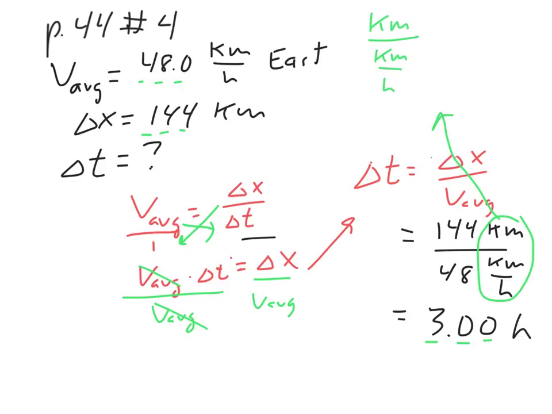Now you might remember about dividing by fractions. Instead, you can multiply by the reciprocal of that fraction. So I can write this instead as times hours over kilometers. So all I did was get rid of it here and move it up to there, and flipping it over in the process. Now I can see that kilometers are going to cancel with kilometers, and that leaves just hours.